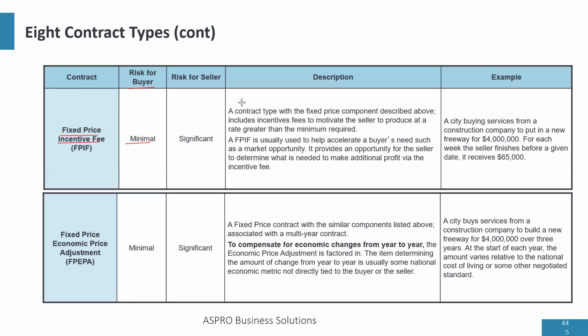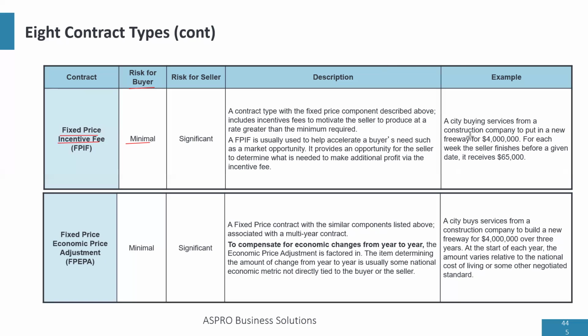Now, adding an incentive, you could tell him, okay, look, if you can complete the car by Friday, I'll give you an extra 5,000 naira. That's what we mean by incentive fee. You are providing an incentive for the vendor to work faster.